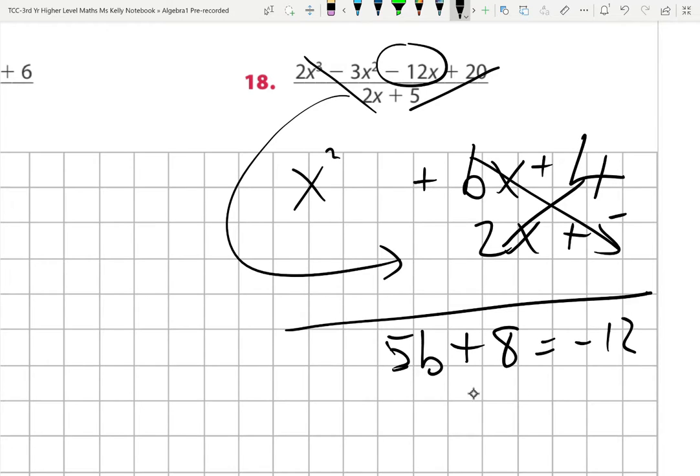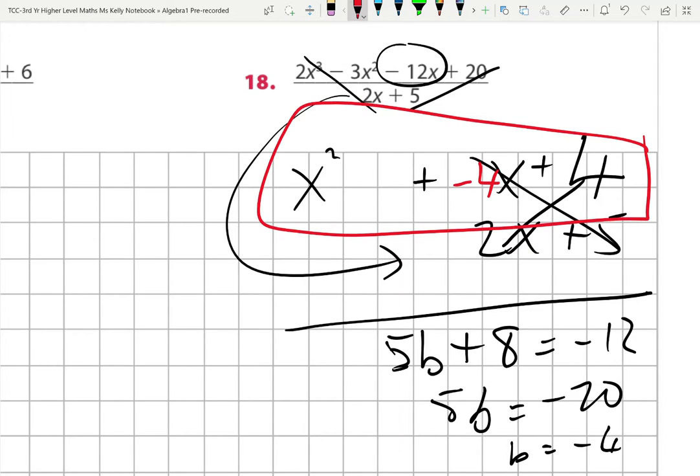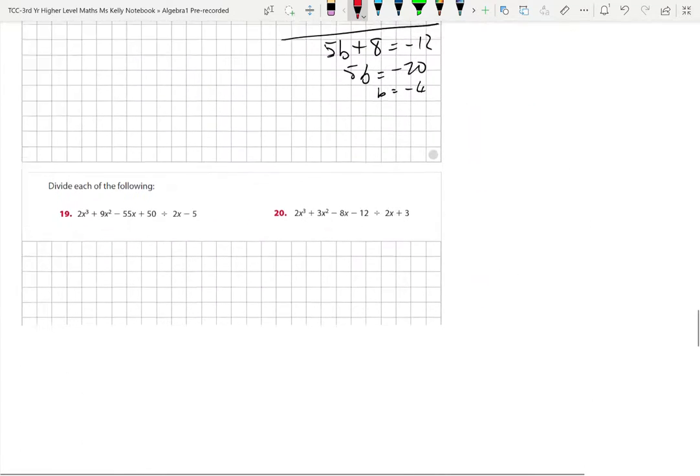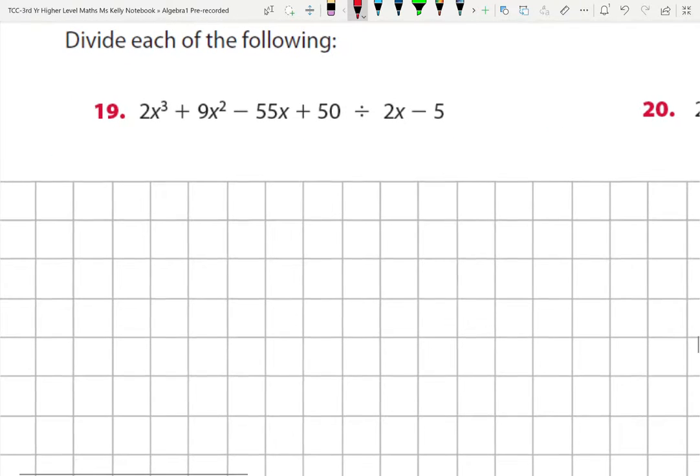Negative 20. b is negative 4. Okay. So we'll just come back and rewrite this. Negative 4 goes there. That's the answer. And so on and so forth. Leave it at that. You can do the rest as exercises.